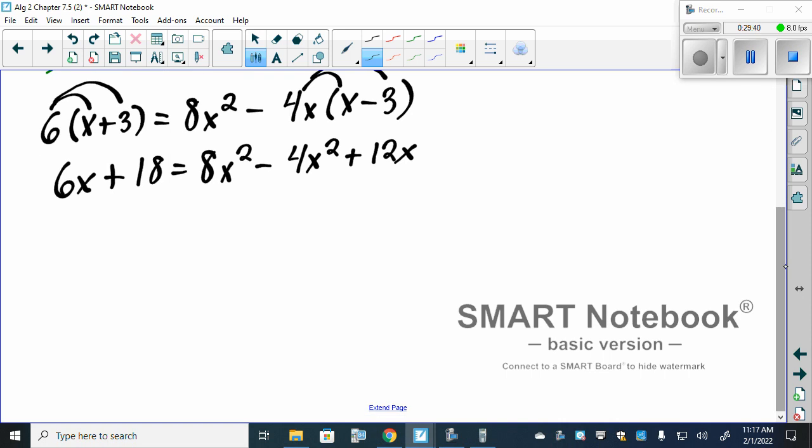Now at this point here, we can combine like terms. Well, 6x plus 18 is equal to 8x squared minus 4x squared is 4x squared plus 12x.